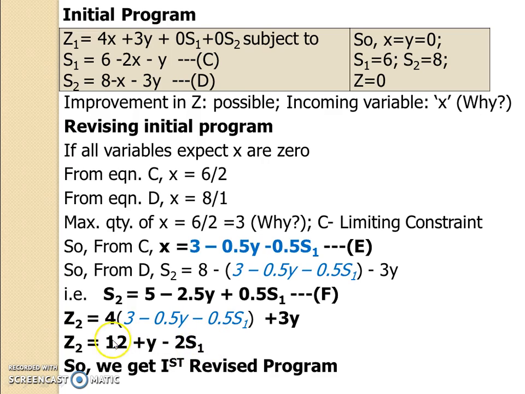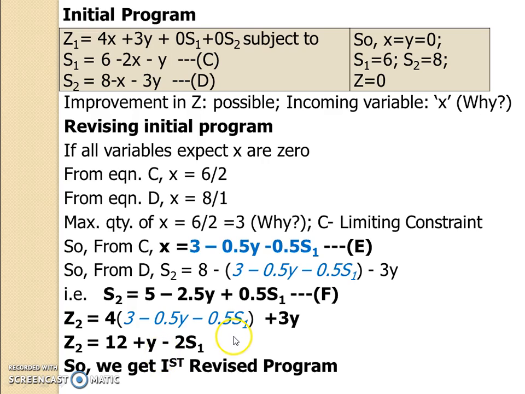Now again, if I look at this particular objective function, if we are able to bring 1 unit of y in the program, the value of Z is likely to increase by 1 unit. So we will try to bring in as much y as possible in the next program, and in the next program y is going to be the incoming variable.